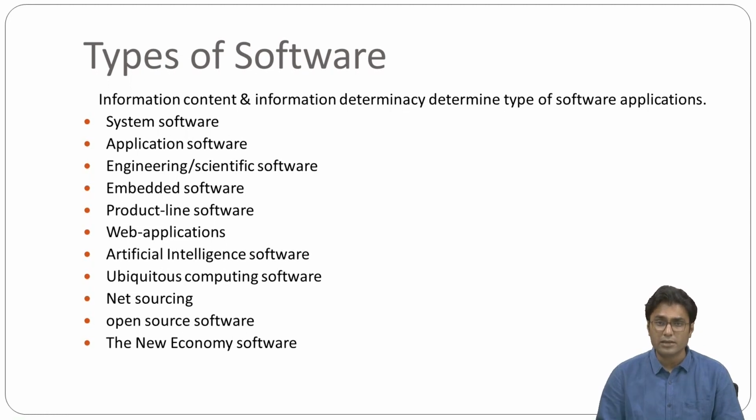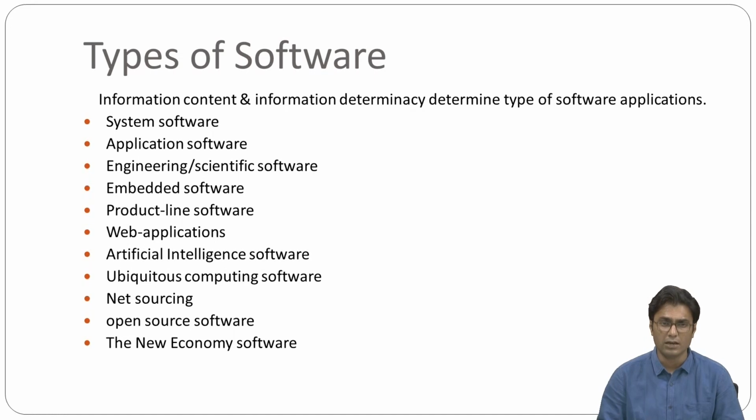Then we have engineering scientific software, and we have also embedded software, then product line software. Then we have web applications related softwares. Then we have artificial intelligence related softwares. We have net sourcing. Then we have open source software. So these all are the types of software. Then at last we have the new economic software, then system software.